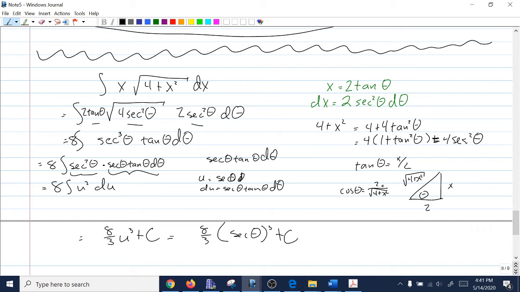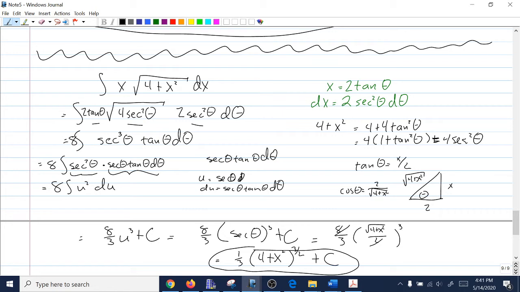Secant is the reciprocal of that. I got 8/3 root 4 plus x squared over 2, cubed. 2 cubed cancels with the 8. I got 1/3 of the square root of 4 plus x squared, cubed, which is a power of 3 halves.